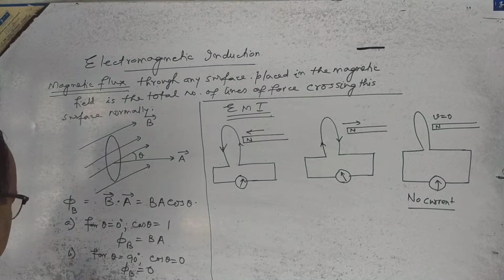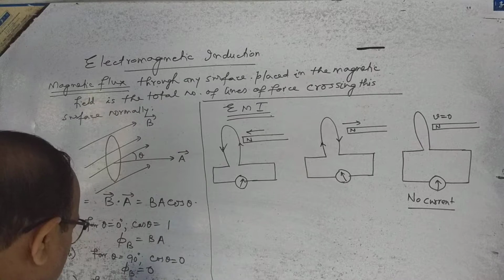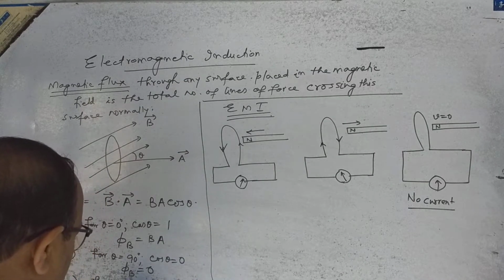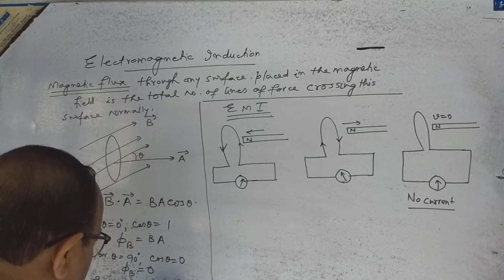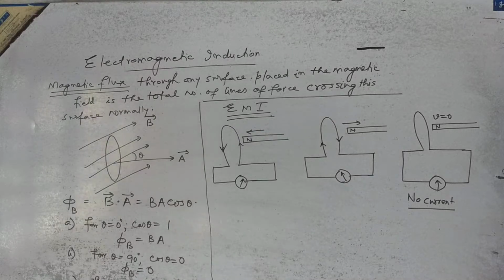And C, for theta equal to pi, cos theta equal to minus 1, so phi B should be minus B into A. Look at these three cases.